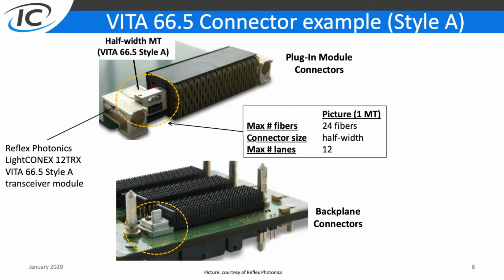This solution integrates 24 fibers or 12 lanes. A lane consists of 2 fibers. So that's why we have 12 lanes. This is actually a pretty compact solution because the optical transceiver is integrated inside the plug-in module shown on top. And each of those lanes is capable of carrying a 10 gig Ethernet signal.